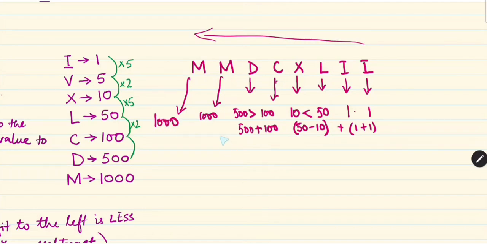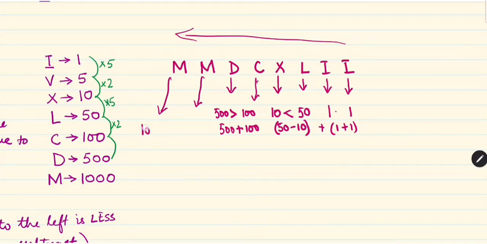All right. So now we go ahead and just add them up. So I'm going to just bring this down a little bit. So this M was 1,000. This is also plus 1,000. And then 500 plus 100. You don't need to really put brackets, but we do need to put brackets around subtraction because those have to be completed first, all right?